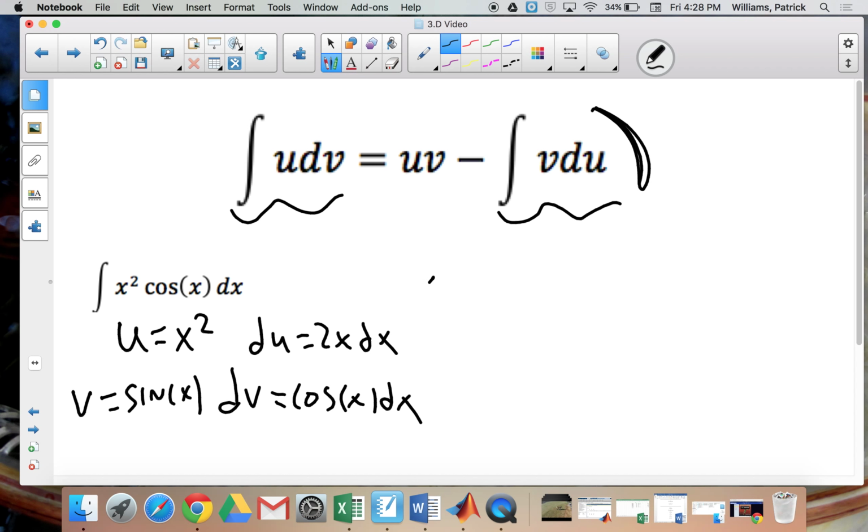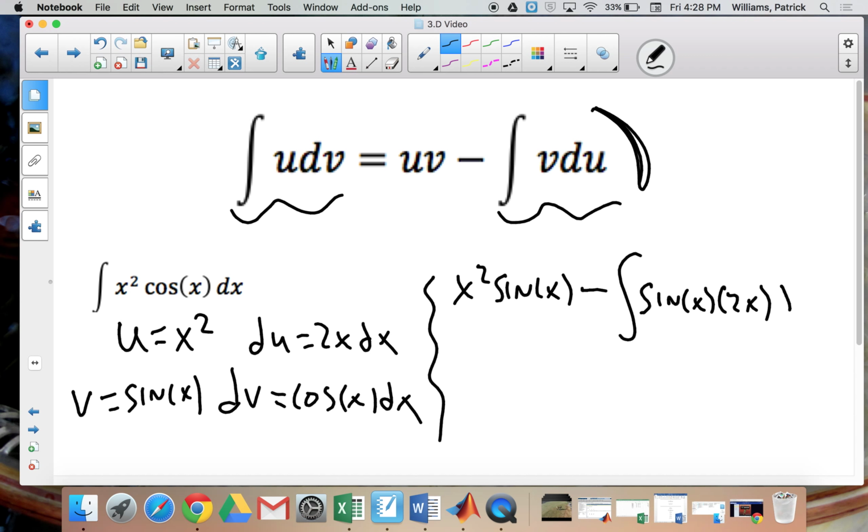So if we plug this into the integration by parts formula, u times v will be x squared sine of x minus the integral v times du, which is sine of x times 2x dx. And as you see right here, we can't use u substitution on this because we don't have that function-similar-to-derivative relationship that we're looking for.